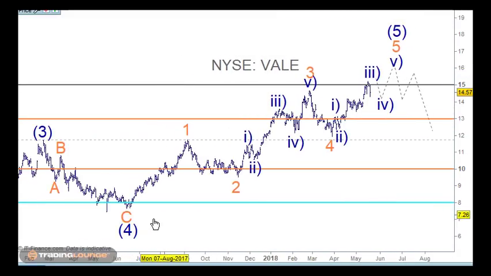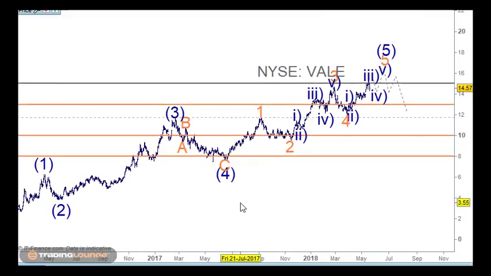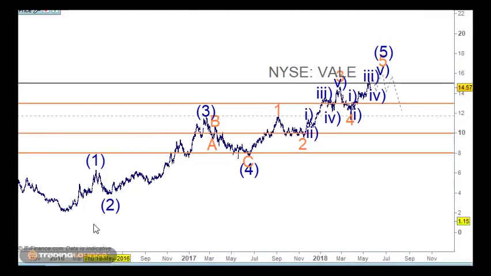So we're tracking wave 4 to wave 5 in terms of 1, 2, 3, 4 and 5. Pulling back a little further from the low in 2016, we've got wave 1 and wave 2, and then 1, 2, 3, 4 and 5 for the 3rd wave, and the 4th wave. So we have a whole impulse wave in this section.